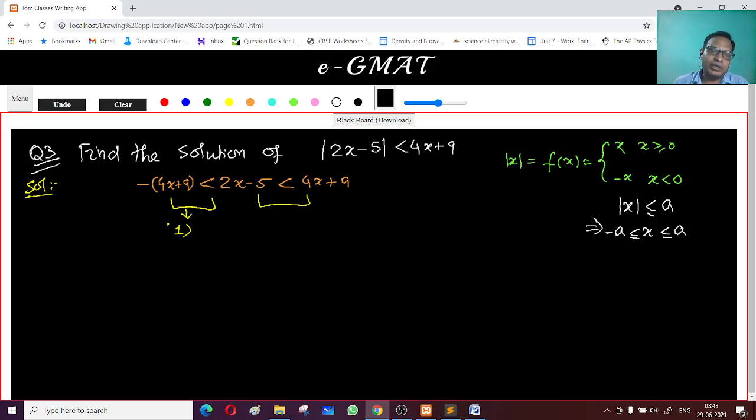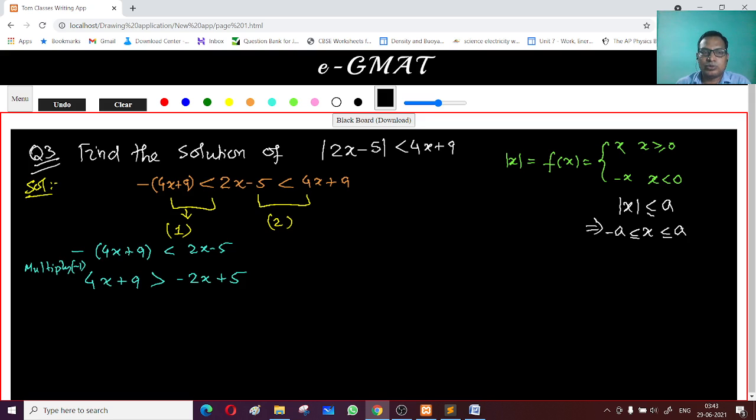So this I will call 1, and this is 2. If I try to solve the first inequality, I will say minus of 4x plus 9 is less than 2x minus 5, right? If I multiply with minus 1 on both sides, the inequality gets reversed, remember that. So 4x plus 9 will be greater than minus 2x plus 5.